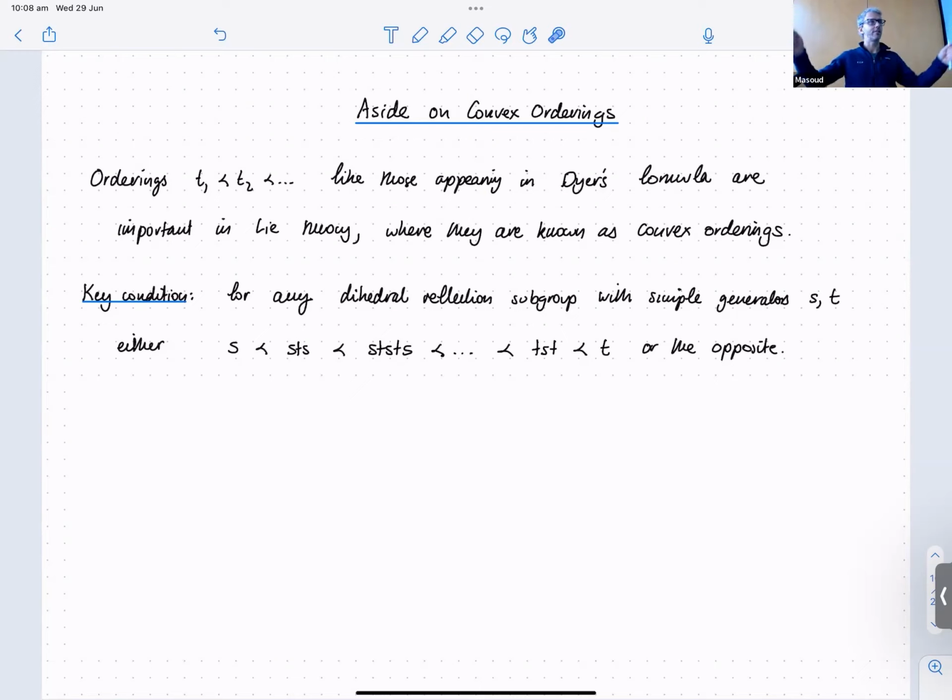I haven't gone into reflection subgroups at all, but if you think about a dihedral root system, you have your two simple roots and then a whole lot of roots. And your reflection order either goes like that or like that. So that's the condition on a convex ordering.